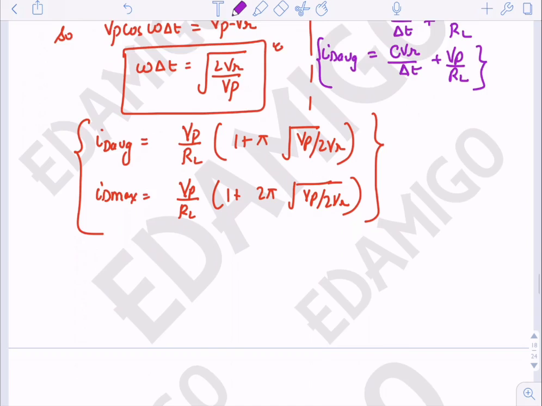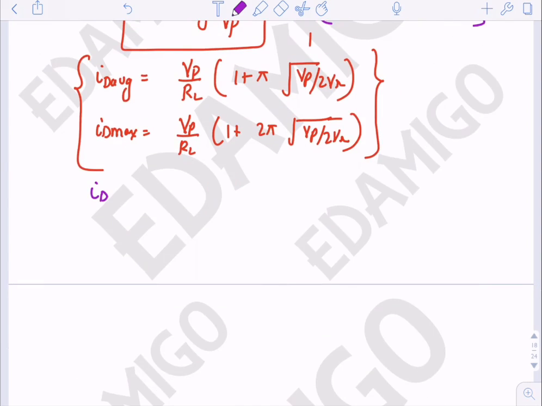Okay, and similarly for ID max, we will write IC max plus IL. Now we know that in the time duration minus delta t to 0, IC max will be C dVc over dt max.